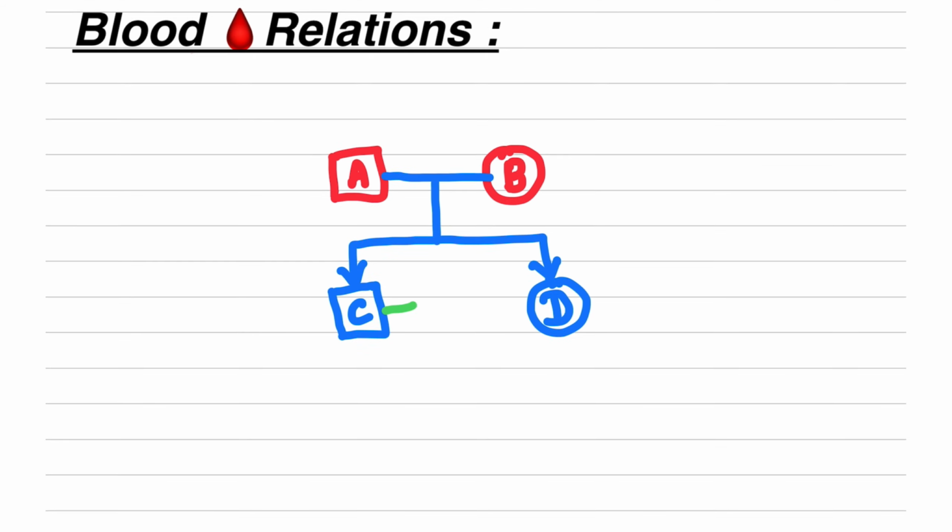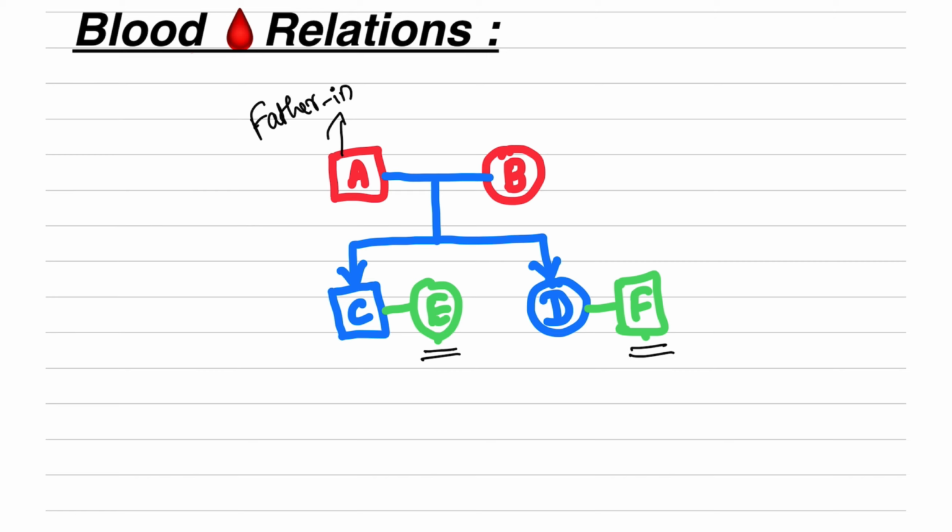Now C is married to E and D is married to F. So E is C's wife and C is husband. F is D's husband and D is wife of F. So for both E and F, A is father-in-law and B is mother-in-law.